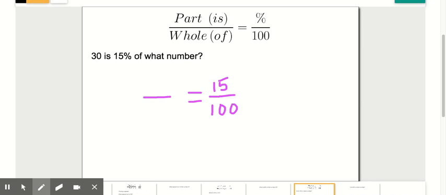So we have 15 over 100. 30 is attached to "is," so I know that my 30 is my part. So 30 is going to go on top, over what number? Well, I don't know what number yet, so I'm going to put X in for my whole.